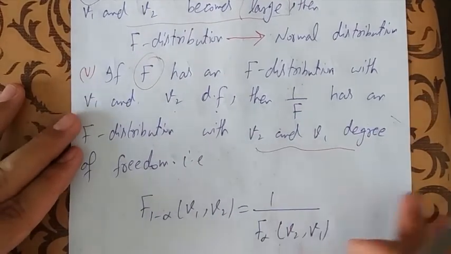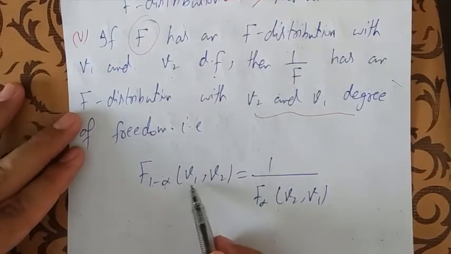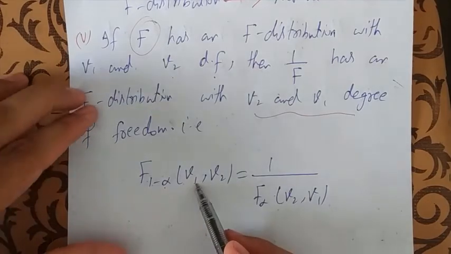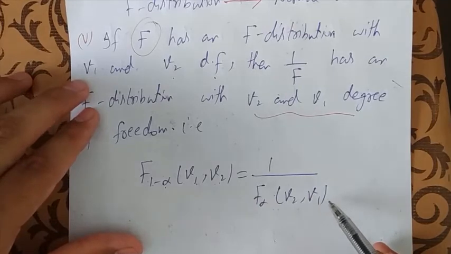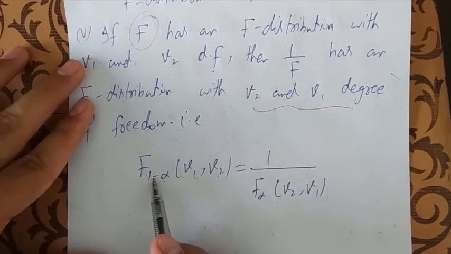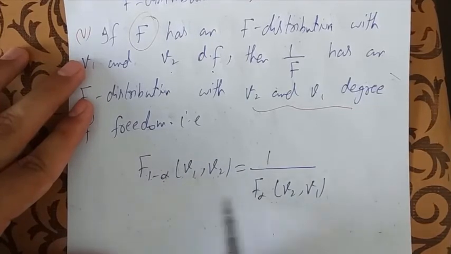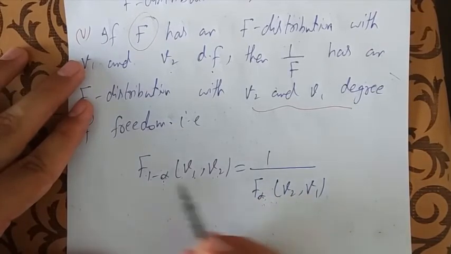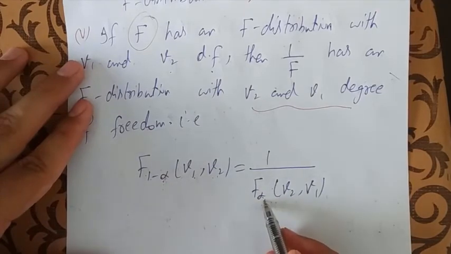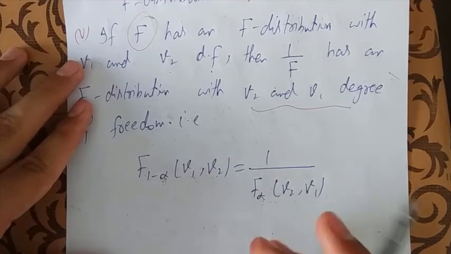And then this relation comes: F 1 minus alpha with nu 1 comma nu 2 is equal to 1 over F alpha with nu 2 comma nu 1. Dear students, if alpha by 2 comes here, alpha by 2 also comes at this point.